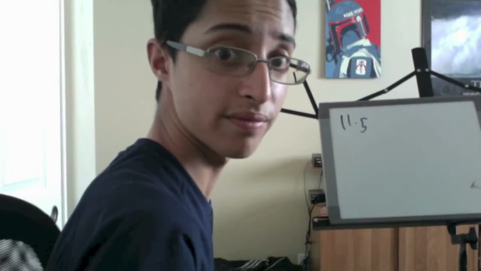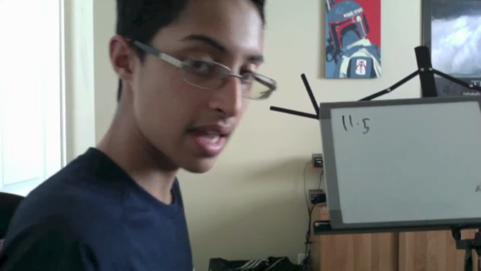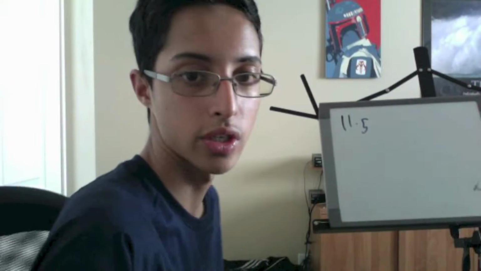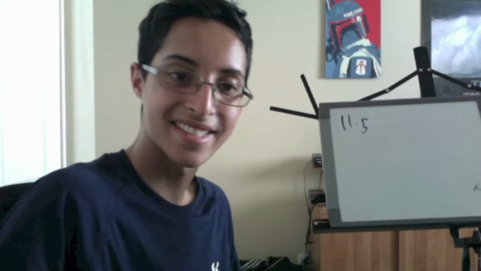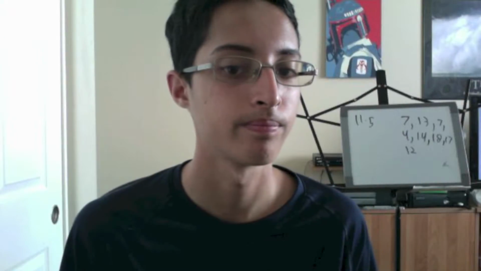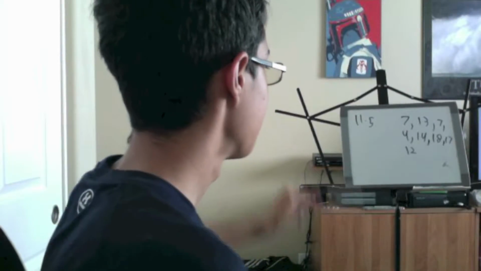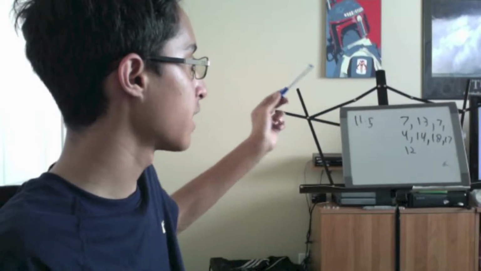So, I got 11.5 here. And, well, that's step 1 complete. Step 2, we're going to have to plug these back into the numbers. But we have our mean from step 1.